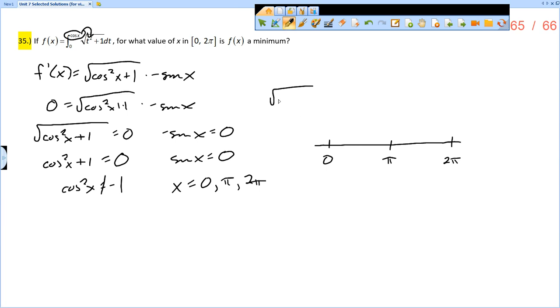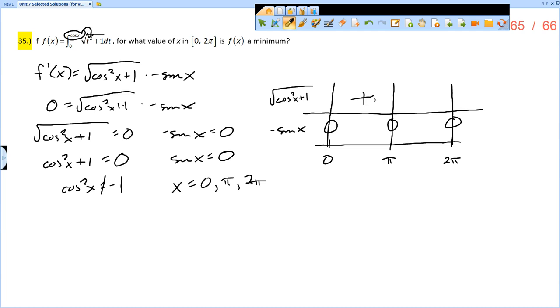And so I've got the square root of cosine squared x plus 1, and then I've got the negative sine of x. So this is 0 here, here, and here, and the other factor is never 0. But moreover, if you think about it, no matter what you plug in here, you're always going to get a positive, so the top is always positive. For the bottom, from 0 to pi, let's say I plug in pi over 2.